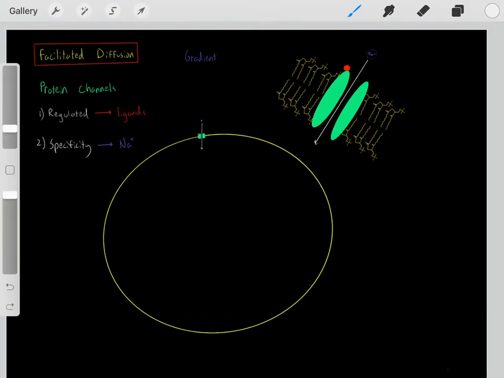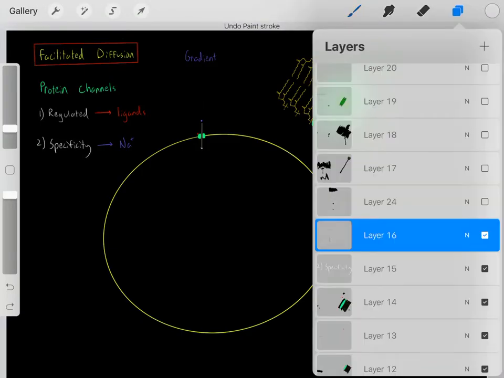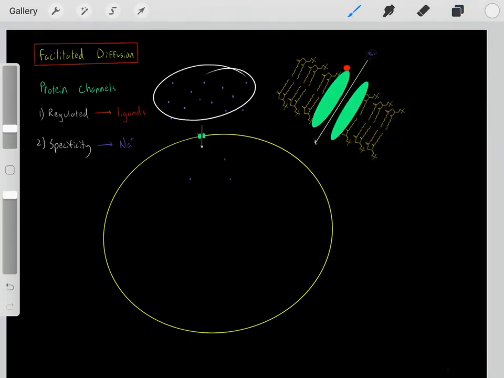And once this channel opens, sodium can only flow with its gradient. For example, if we have a lot of sodium outside of the cell and a little bit of sodium inside of the cell, then when this channel opens, sodium is going to flow inside of the cell, with its gradient.